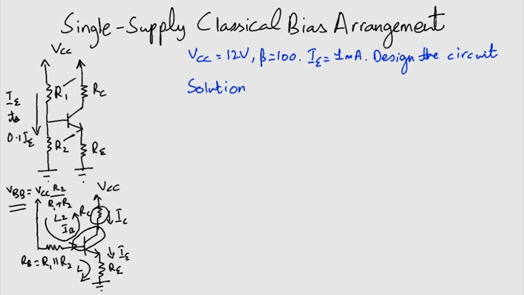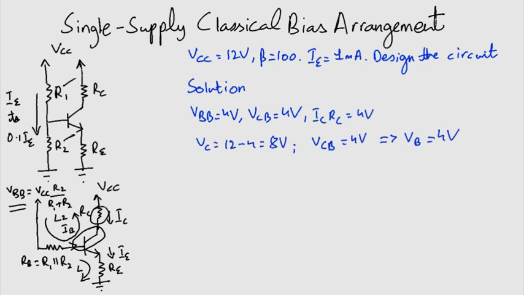Now we start our design by first distributing the voltages as we had discussed. So VBB is 4 volts, VCB is also 4 volts, and ICRC is also 4 volts. So what is VB? Since VC is 12 minus 4, that is 8 volts, VB comes out to be 4 volts.